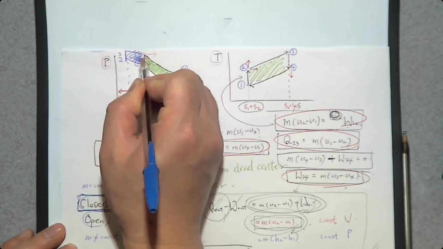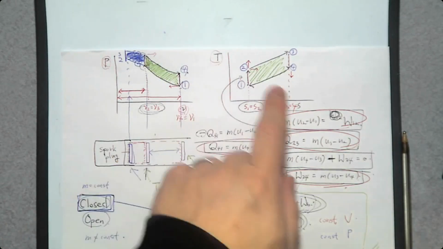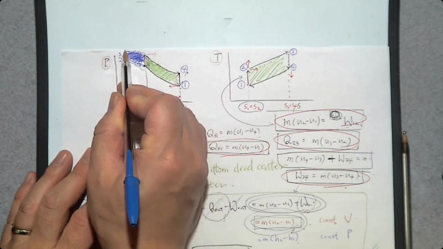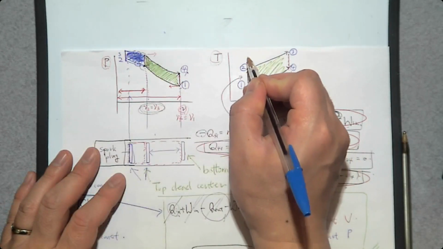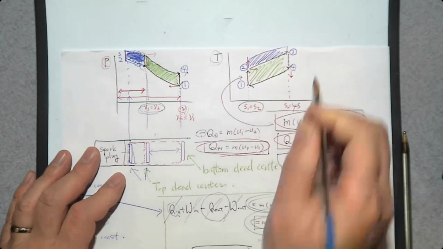So we can increase this much work added to the cycle. Similarly, on this TS diagram, number 2 moves this way, number 3 moves this way. So we can add this much work.